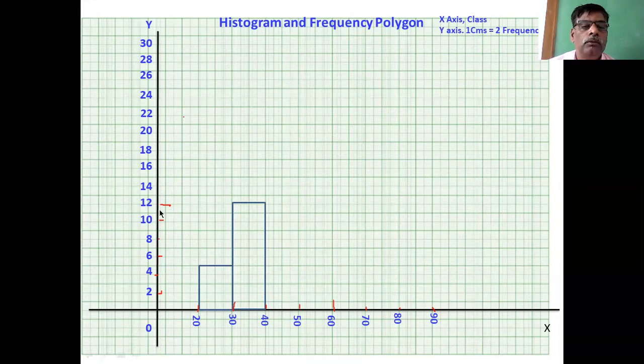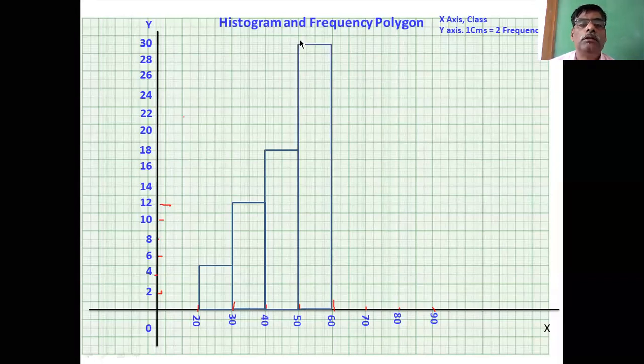Okay. Up to 12 level, you draw the rectangle. Third frequency is 18. Up to 18, you draw the rectangle. Then fourth is 30. Fourth frequency is 30. That is 50 to 60.